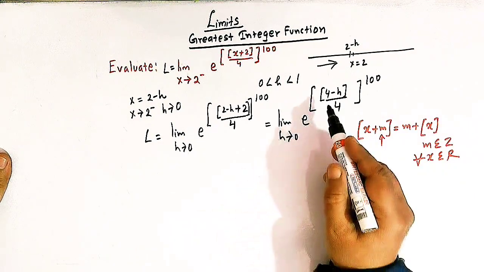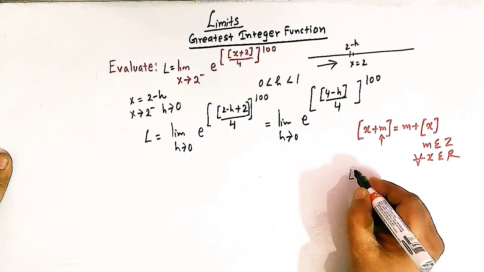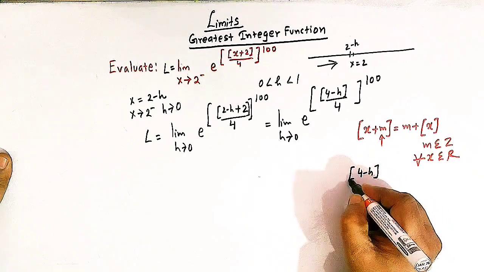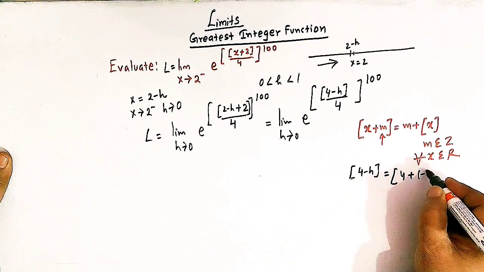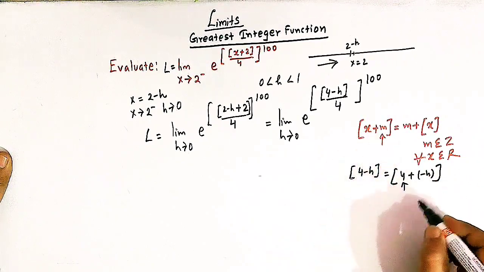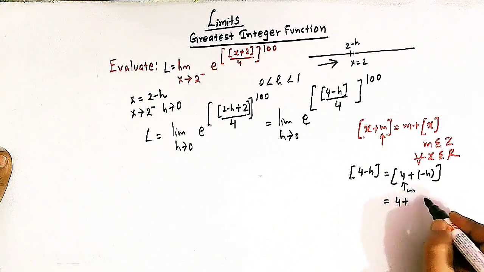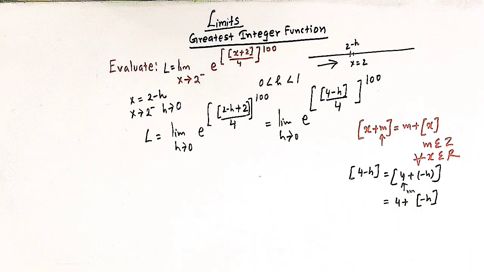So now we can rewrite the term greatest integer of (4 minus h) as greatest integer of (4 plus (minus h)), and we can take this 4 as m. So we can now write 4 plus greatest integer of (minus h).